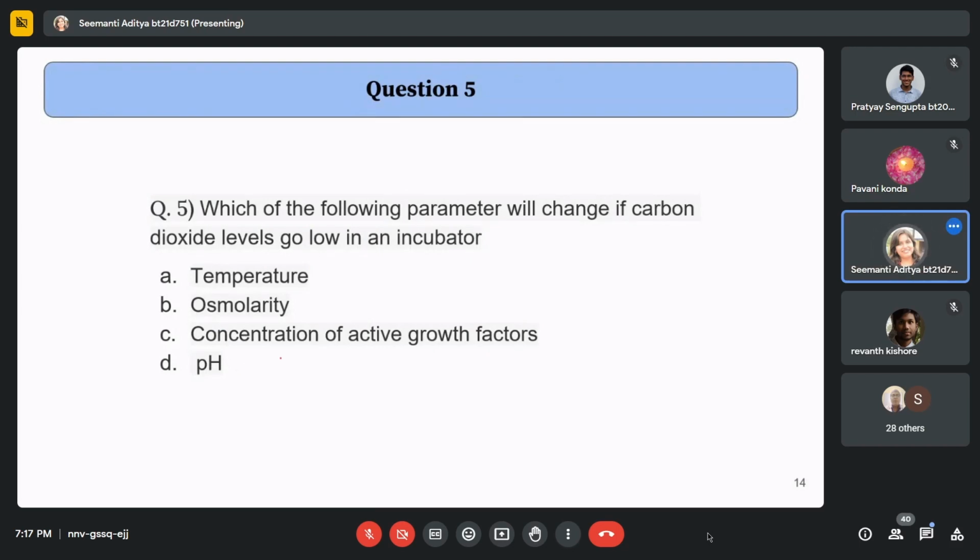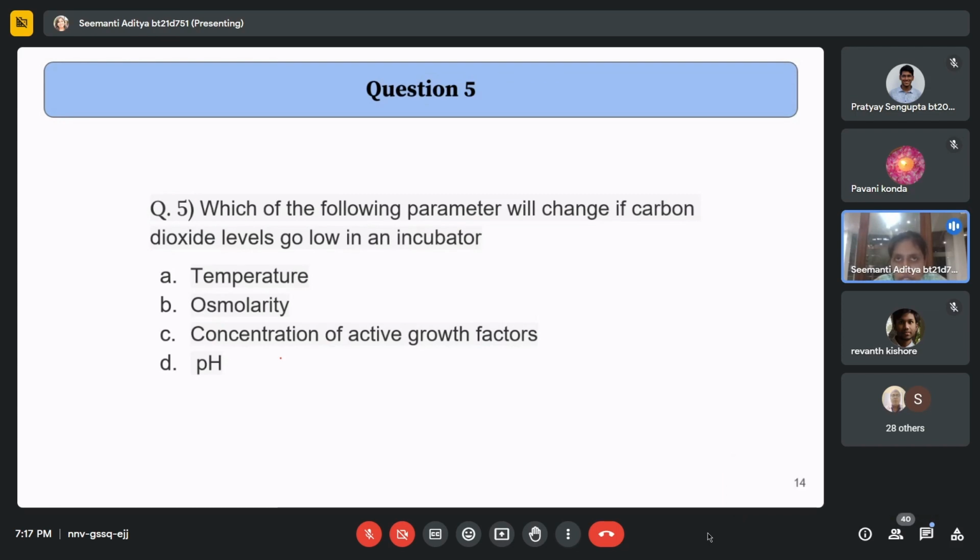Because what do we generally know about carbon dioxide? Carbon dioxide is an acidic substance, right? So it is like carbonic acid, we say, or bicarbonate. It will go to acidic or basic levels.